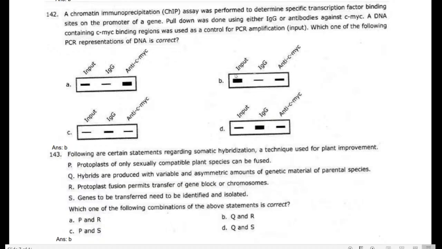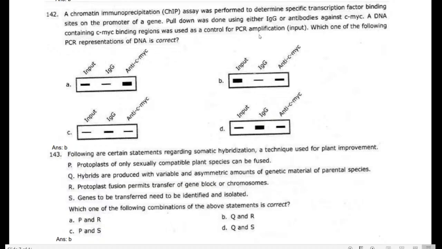The input is highly effective because it has the DNA content which contains the c-Myc binding region. So in this experiment they get a better result with the anti-c-Myc.